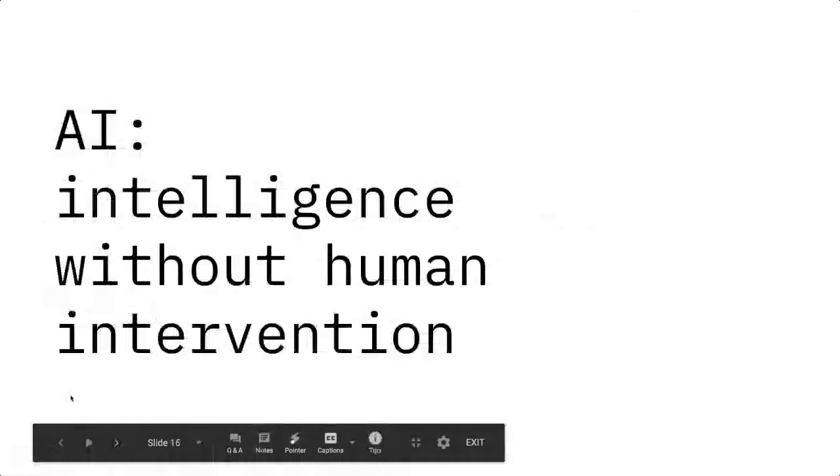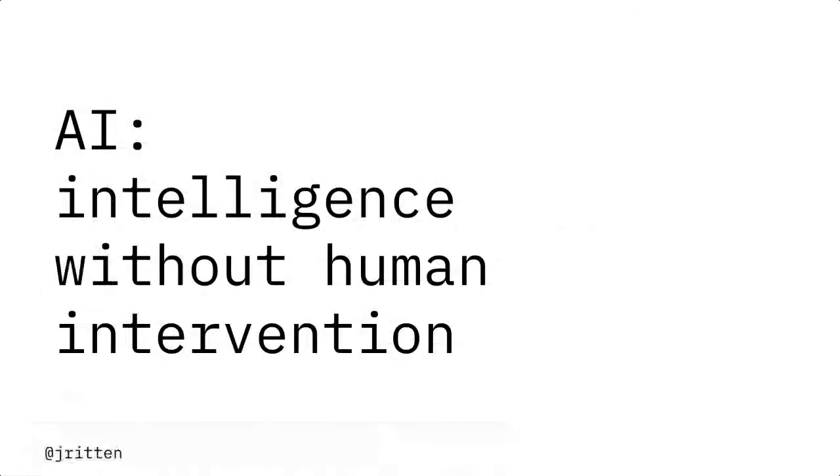So AI, artificial intelligence, is intelligence without human intervention, right? Essentially similar to IBM's Project Debater that we're going to be talking about and exploring more tomorrow. We want intelligence to be able to make inferences and determine what's going on from data without us having to intervene, without us having to explain.